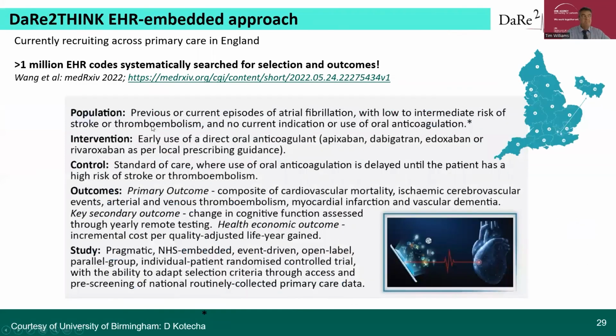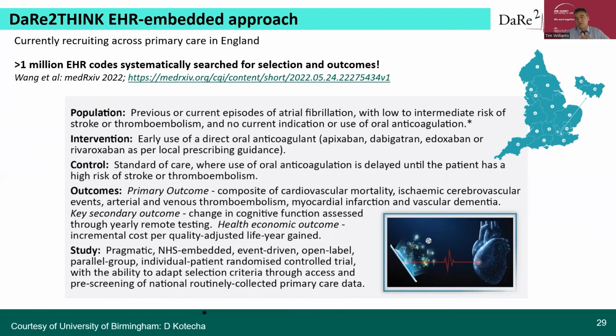The population: patients with current or previous episodes of atrial fibrillation with a low to intermediate risk of stroke or thromboembolism, but no current indication for oral anticoagulation. The intervention here is to anticoagulate them earlier than would normally be done, using direct oral anticoagulants.